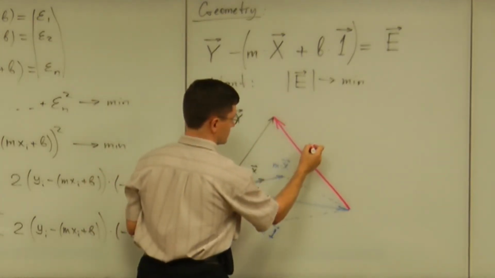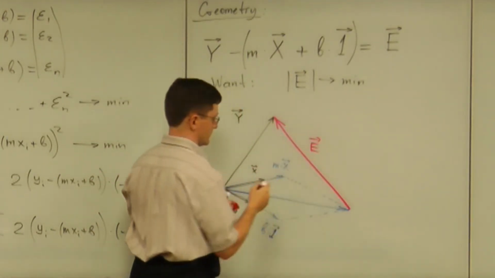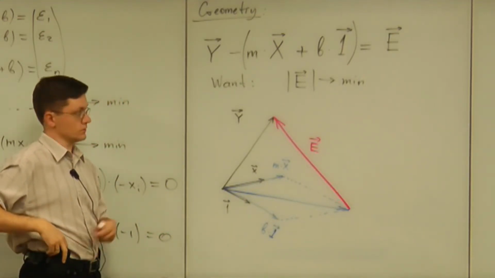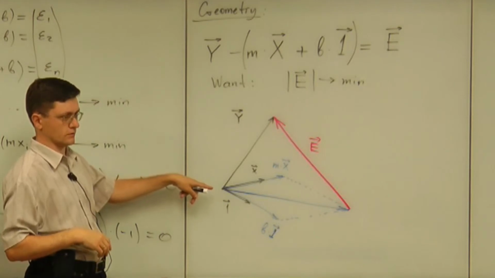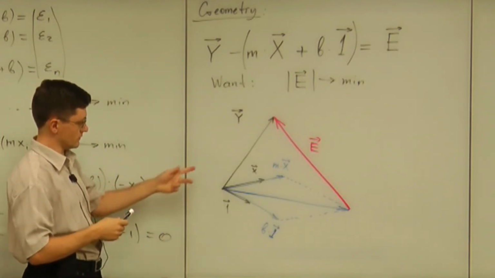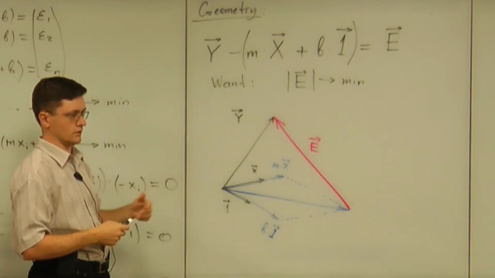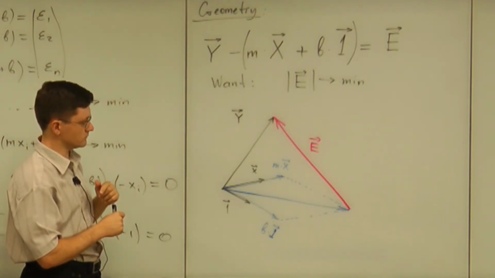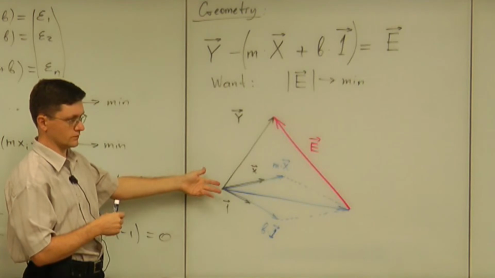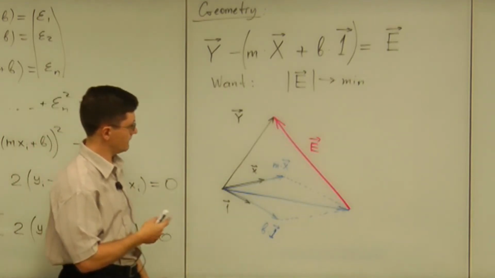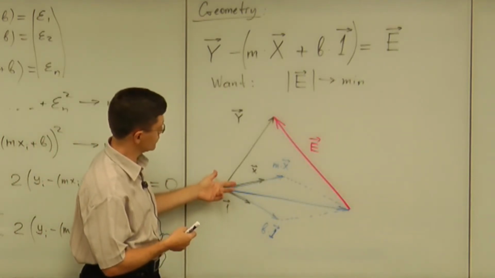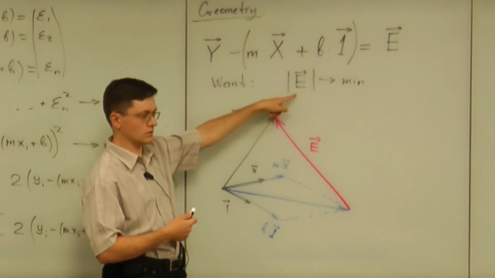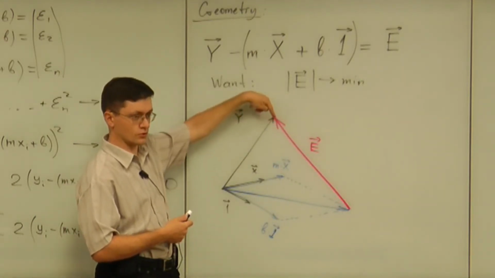So this is the vector E. So you see, the whole picture can be done in 3 space, because we will use only those 3 directions in that high dimensional space. And everything can be understood in this 3 space. So what is it that we are looking for? What is it that we want? We want this vector to be the shortest.